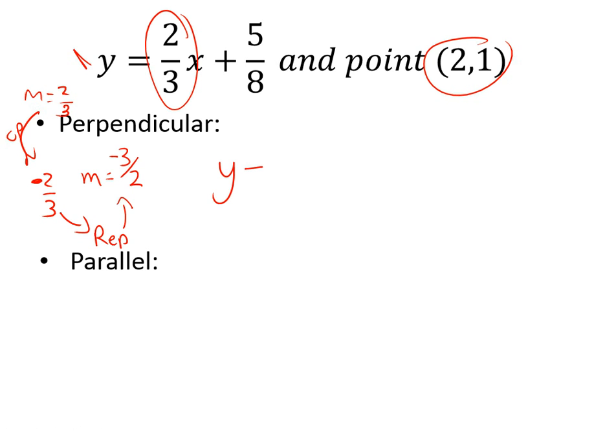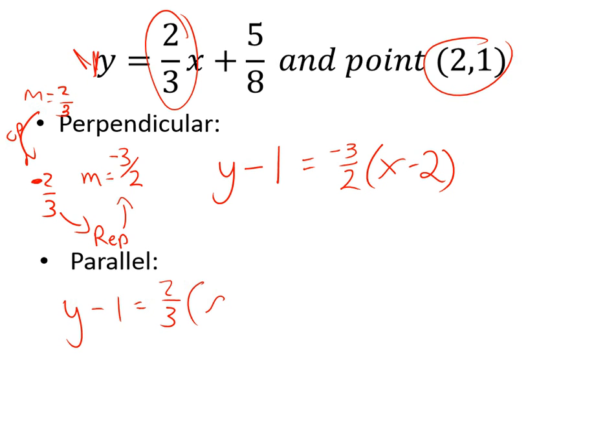So it'd be y minus 1 is equal to our new slope, negative 3/2, times (x minus 2). And there is my perpendicular line to this one. Now if it's parallel, I keep the same slope because parallel lines have the exact same slope. So I'm going to go y minus 1 is equal to 2/3 times (x minus 2). And there we go. Pretty simple.